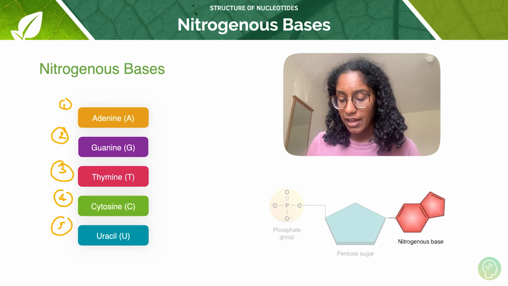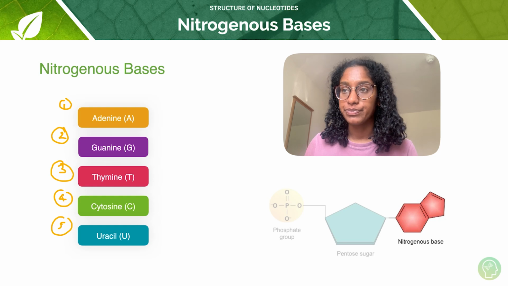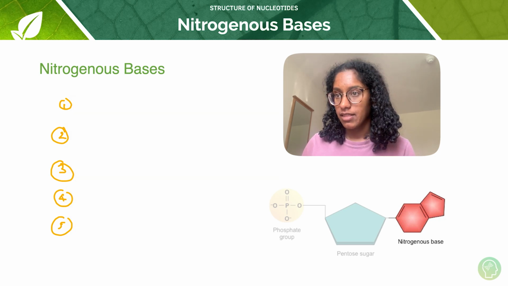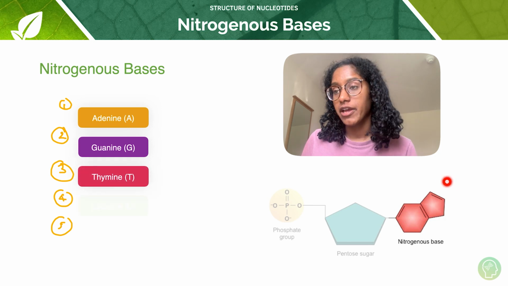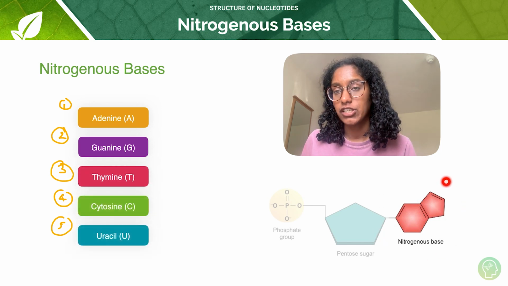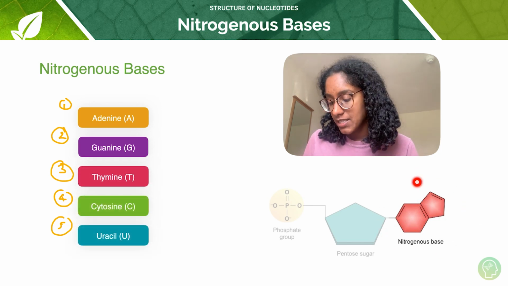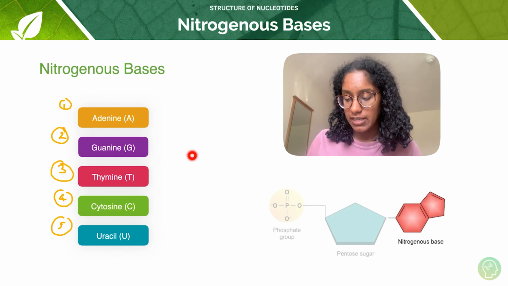Our shorthand of noting these down is by just writing down the first letter of the word. So we say the bases are A, G, T, C, and U. What that means is that any one of our 5 bases is bound here to our pentose sugar. So this can be replaced by any one of these.